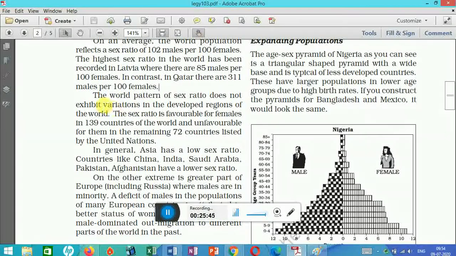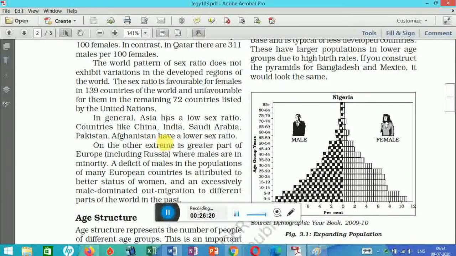And for other parts of the world, let us see. The world pattern of sex ratio does not exhibit variations in the developed regions of the world. The sex ratio is favorable for females in 139 countries of the world and unfavorable for them in the remaining 72 countries listed by the United Nations.